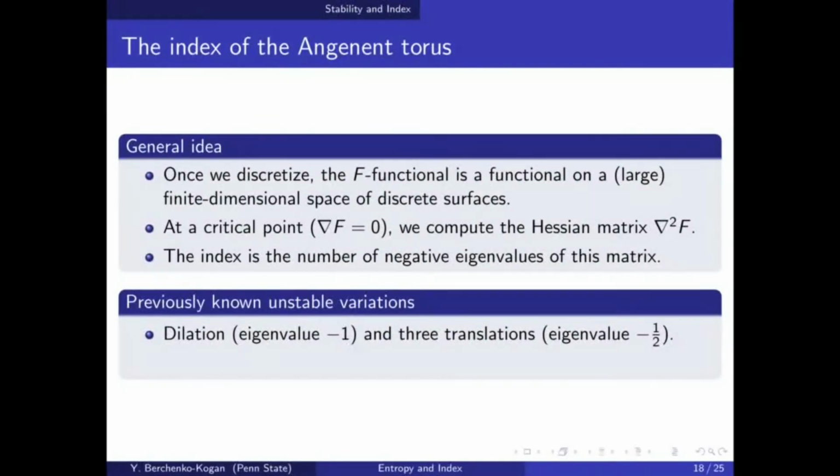Now what happens if I take a self-shrinker and I dilate it to make it smaller? Well, then it's still going to shrink to the origin, but it will shrink too soon. It will shrink in less time. And if I dilate it to make it larger, then it will shrink and get to the origin in more time. Likewise, if I translate it, now it'll still shrink in 1 unit of time, but it'll shrink to the wrong place.